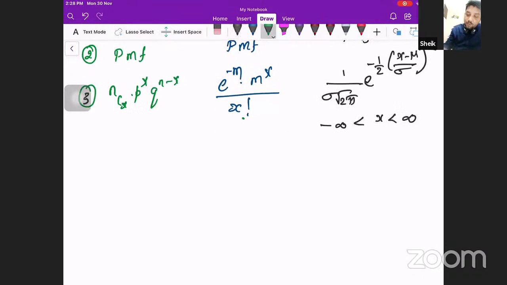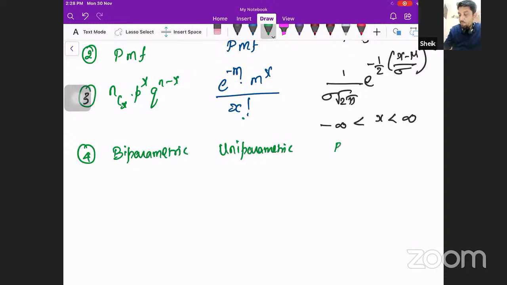Next one, fourth. Binomial is biparametric. Poisson is uniparametric. And normal is biparametric.